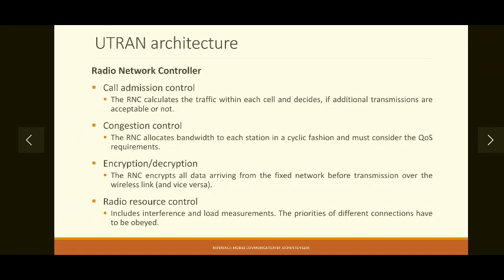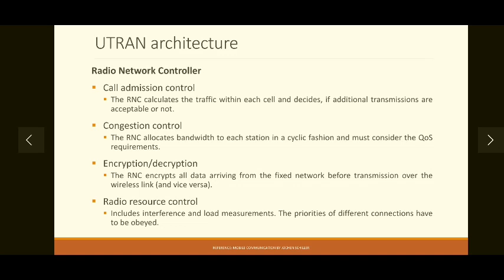Call admission control means the RNC calculates the traffic within each cell, that is, how many users are simultaneously trying to communicate, and then it decides if additional transmissions are acceptable or not.